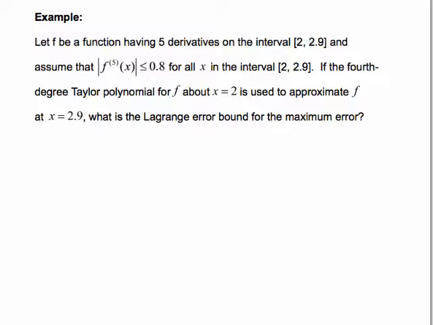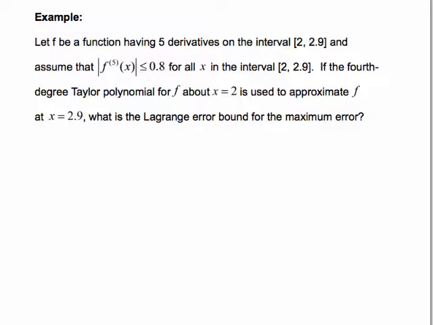So we have a function that has 5 derivatives on an interval between 2 and 2.9, and we're given some information here about the 5th derivative. And we're told that the 4th degree Taylor polynomial for f about x equals 2 is used to approximate f at x equals 2.9.